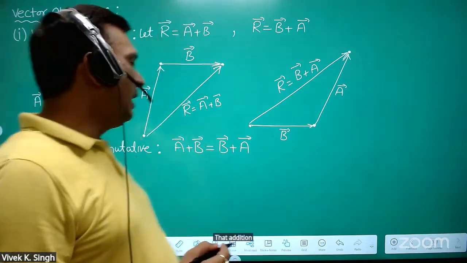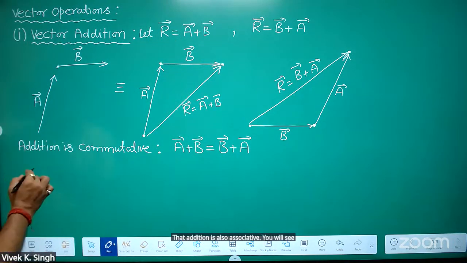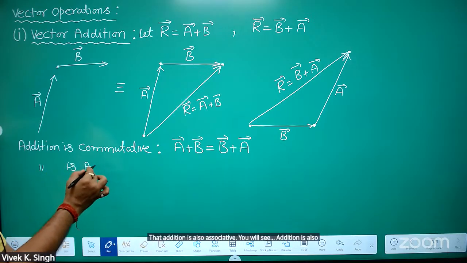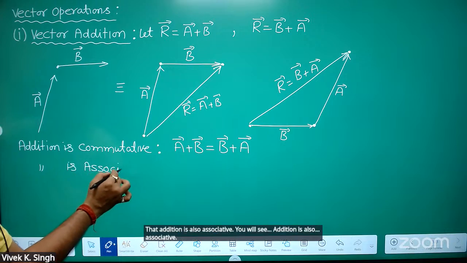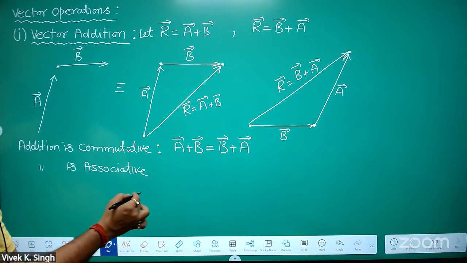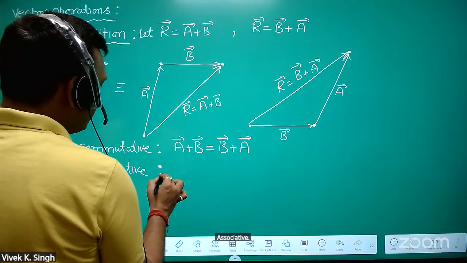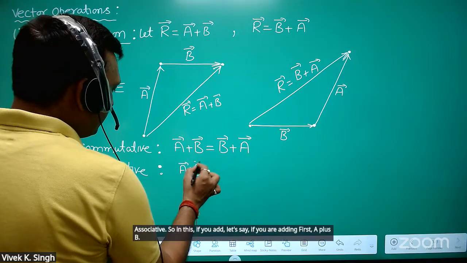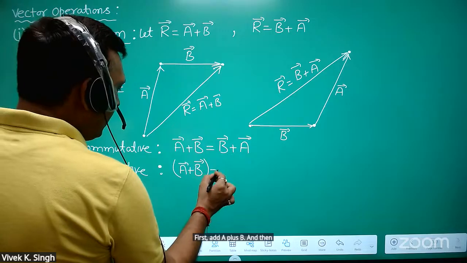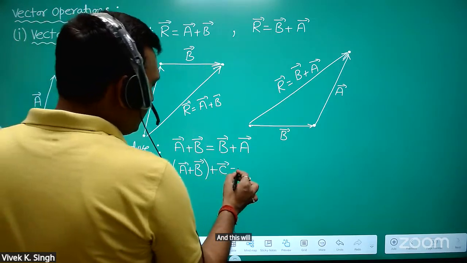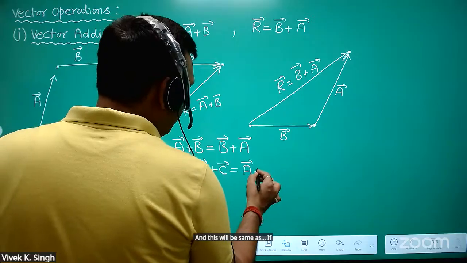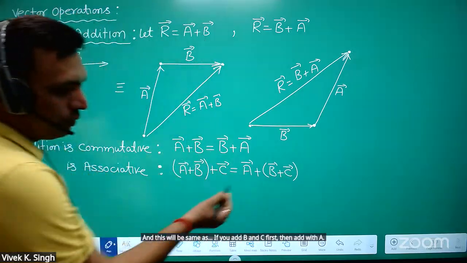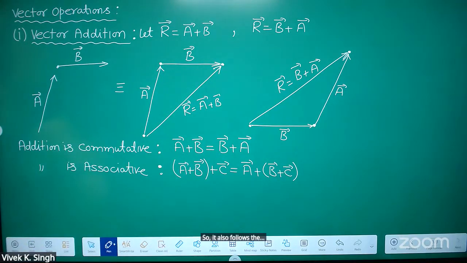Addition is also associative. So if you are adding, let's say, first A plus B and then adding C, this will be the same as if you add B and C first, then add with A. So it also follows the associative law.